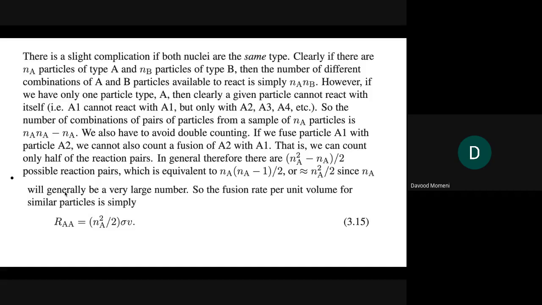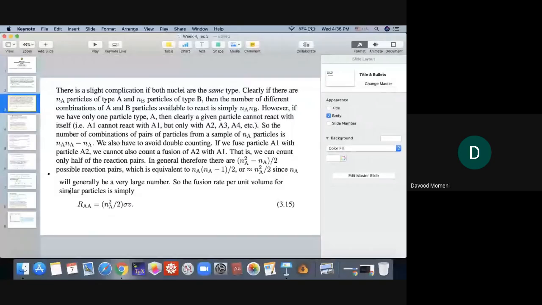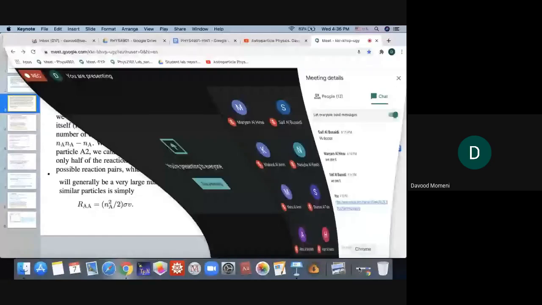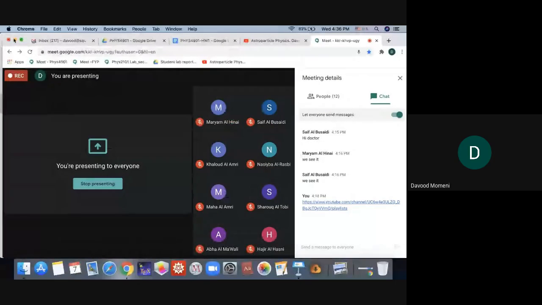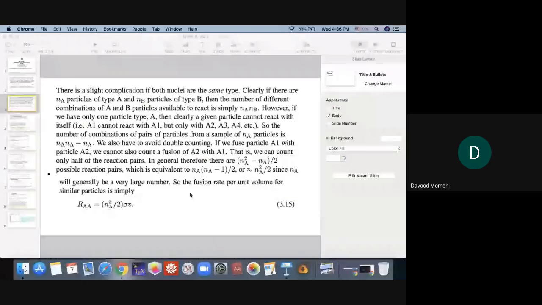Are you here? If you have 2 electrons, for example, how many interactions will happen between them?